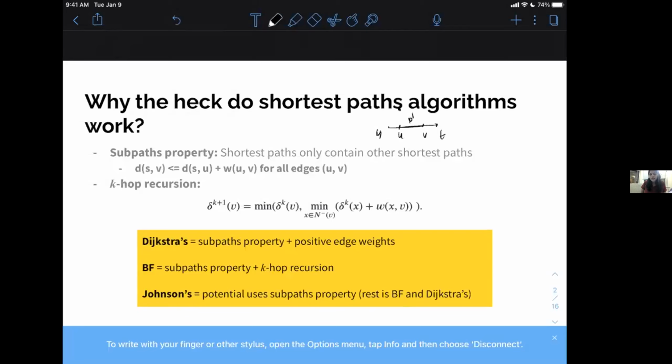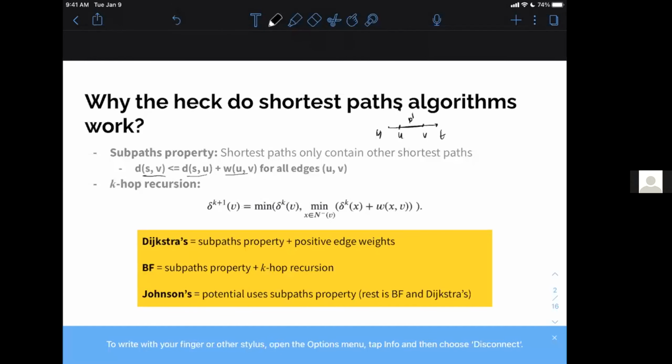What this implies is that the shortest distance from S to V is less than or equal to the shortest distance from S to U plus the weight from U to V. This is basically what's used whenever you expand your frontier. You're building up shortest paths by taking a shortest path that already exists and adding on one more edge.